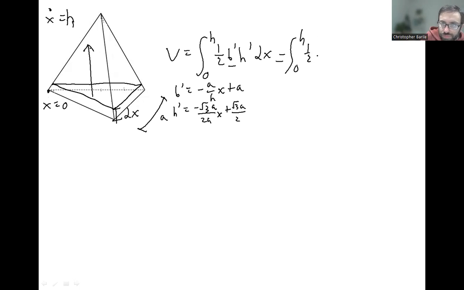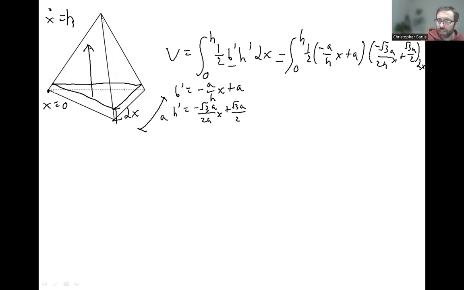1/2, and B prime was negative A over H x plus A. And then H prime was negative root 3A over 2H x plus root 3A over 2. And all that was times dx.